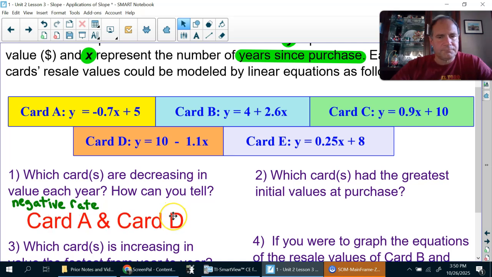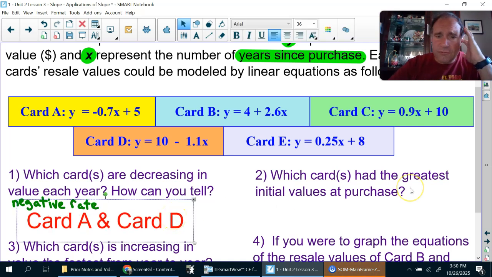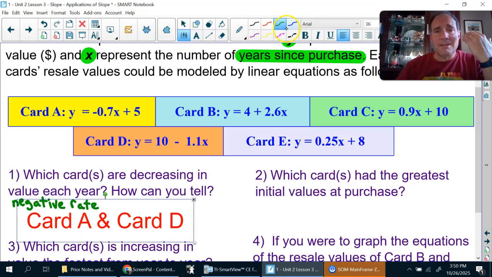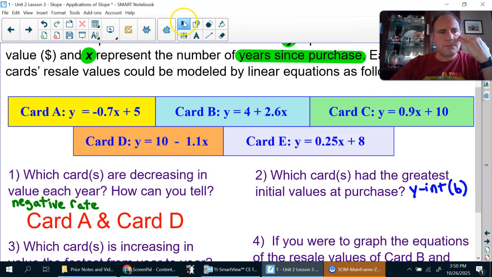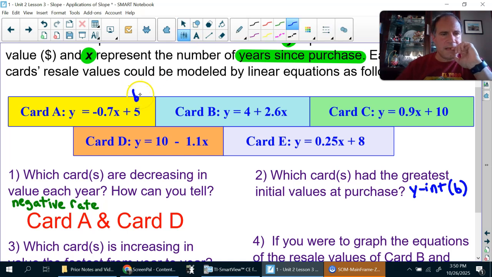All right. Which cards had the greatest initial values at purchase? So we're going to talk about the B, the y-intercept, the greatest B. So we're going to put which card or cards has the greatest initial value. So this is 5. So I'm going to label B equals 5. B equals 4, card B is out.